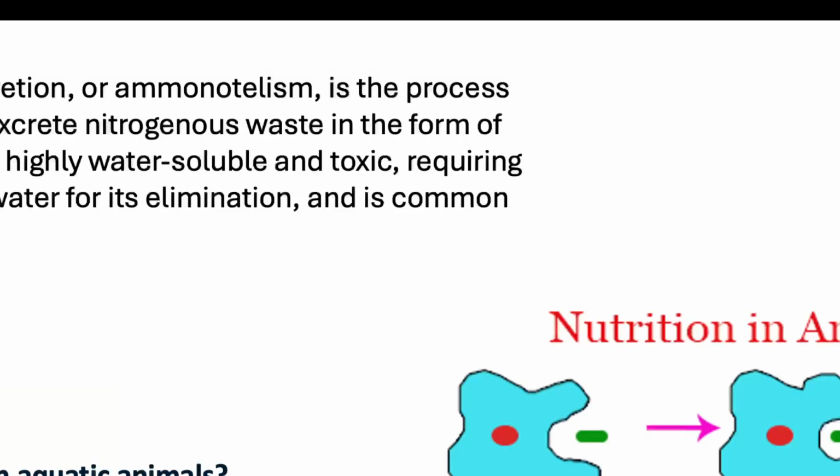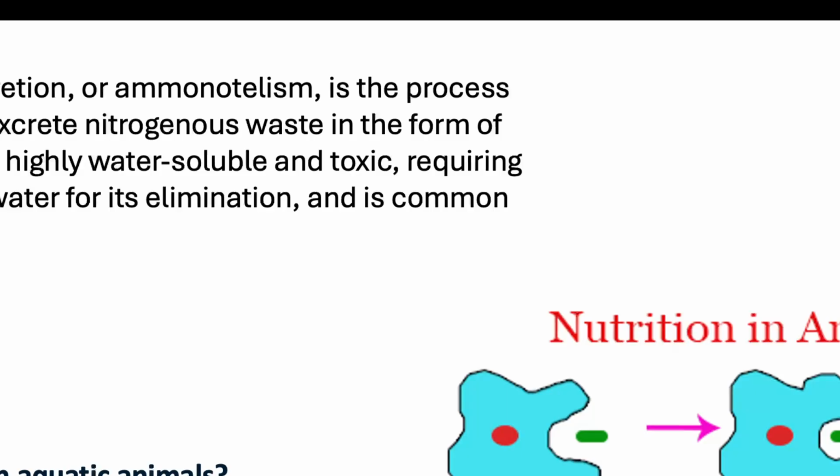Okay, it's time for the last answer of this session. Ammonotelic type of excretion happens in option B, amoeba. Now, what is ammonotelism? Ammonotelic excretion, or ammonotelism, is the process where organisms excrete nitrogenous waste in the form of ammonia, which is highly water soluble and toxic, requiring a large amount of water for its elimination, and is common in aquatic animals.